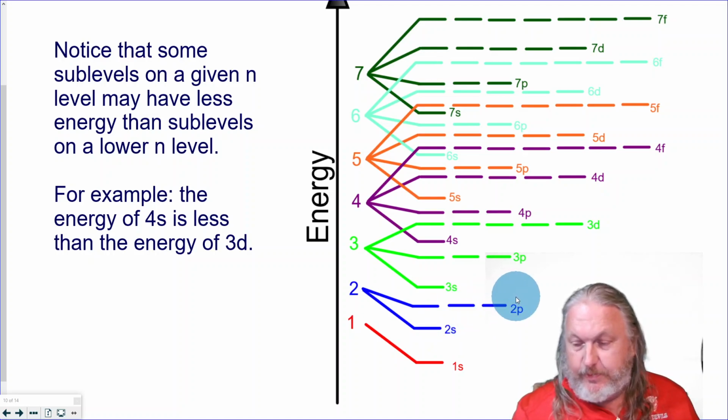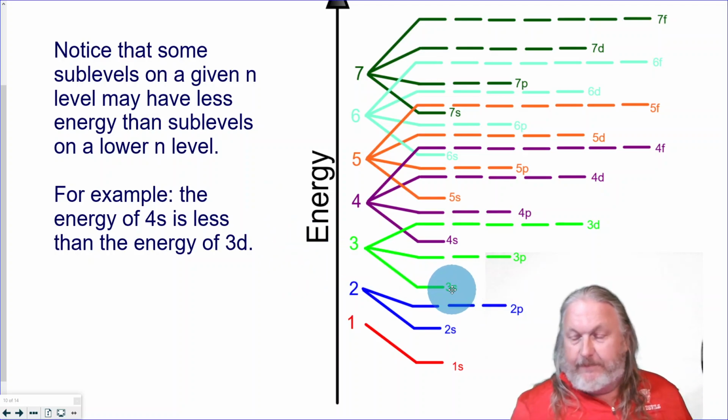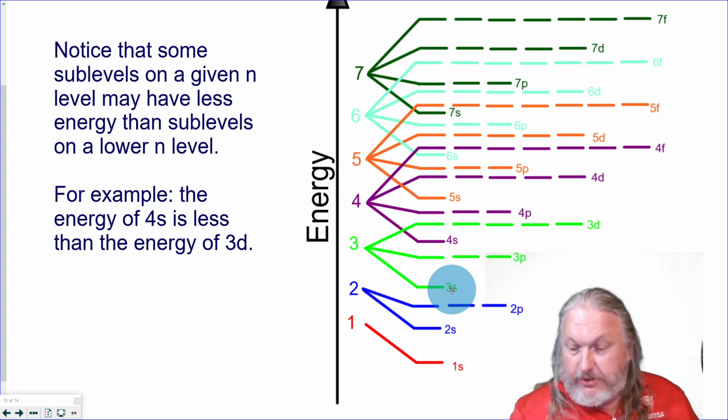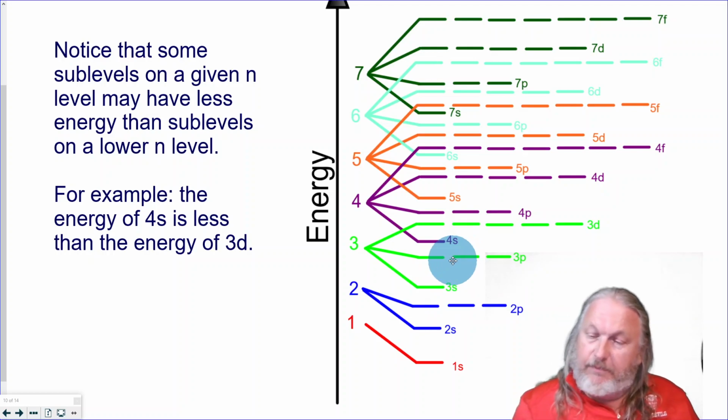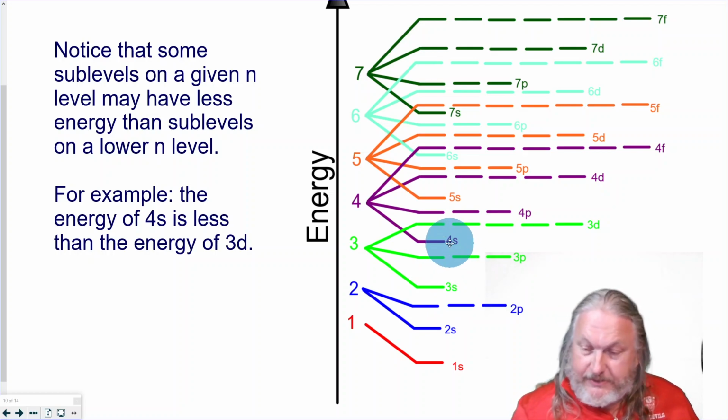Then I've got my 2p orbitals. Then I'm going to the next level. So my 3s has more energy than the 2p. The 3p has more energy than 3s. But notice that 4s has less energy than the 3d.